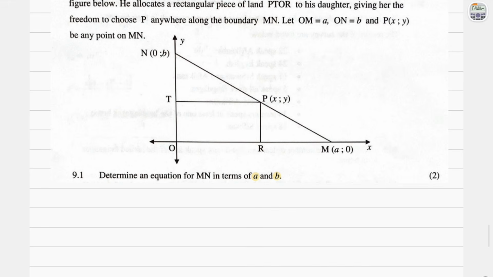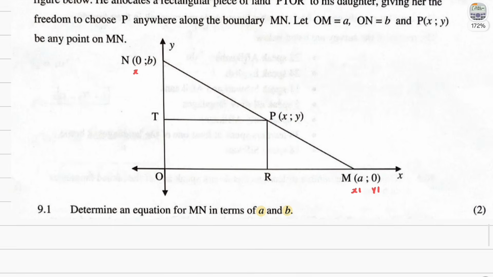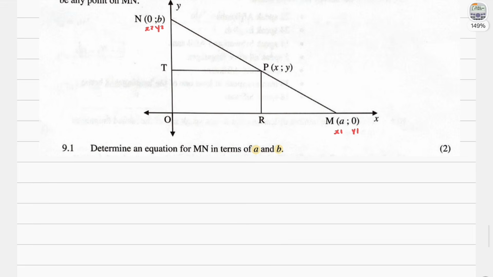Well, we have 2 points on the line. We have M, so we'll call that our x1 and y1, and we have N, that's x2 and y2. To find the equation of a line, you first need the gradient. So gradient is equal to y2 minus y1 over x2 minus x1.